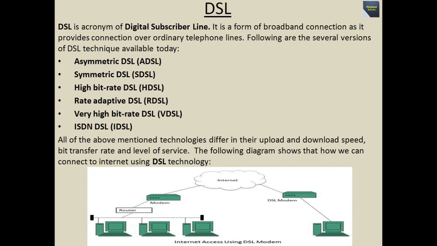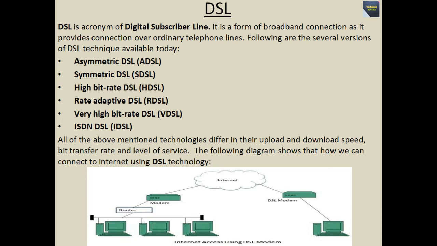Following are the several versions of DSL technique available today: asymmetric DSL known as ADSL, symmetric DSL known as SDSL, high bitrate DSL known as HDSL, rate adaptive DSL known as RDSL, very high bitrate DSL known as VDSL, ISDN DSL known as IDSL.